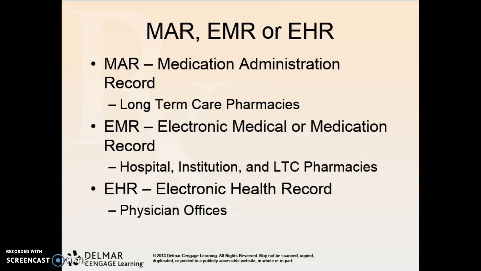EMR is electronic medical or electronic medication record. And EHR is the electronic health record. So you're going to look at the similarities and the differences between these in this particular chapter before you do your research and do your assignment.